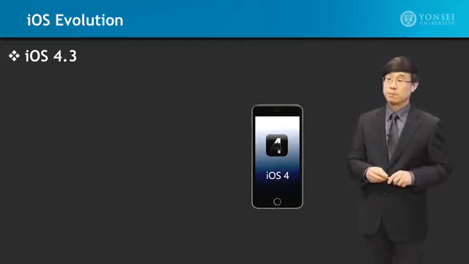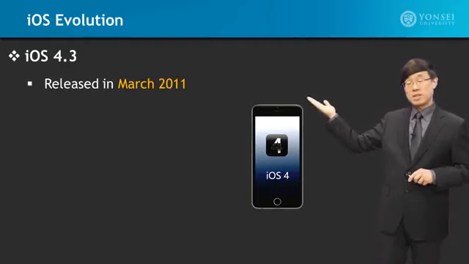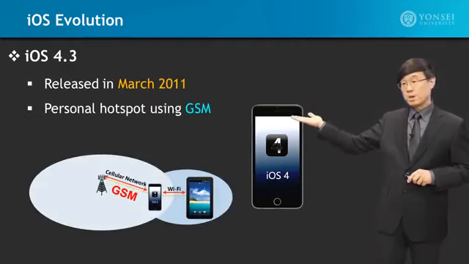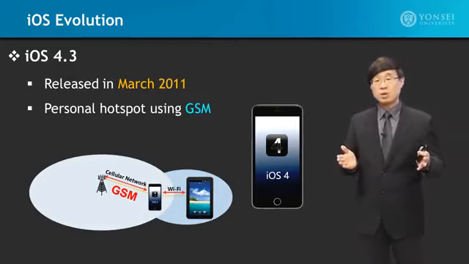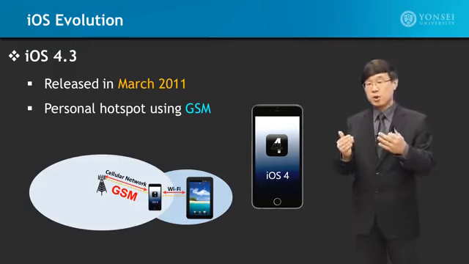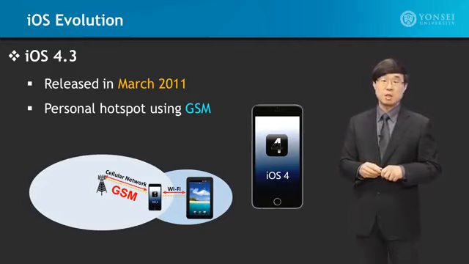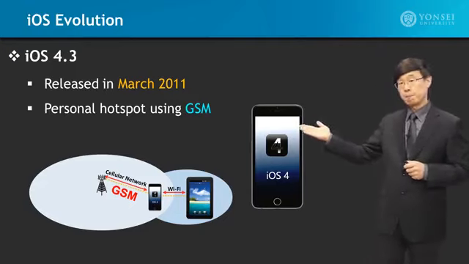In addition, in iOS 4.3, which was released in March 2011, personal hotspot using GSM mobile communication technology was added. One of the characteristics you can see is that CDMA was a third-generation mobile communication technology, which supported a higher data rate compared to GSM.